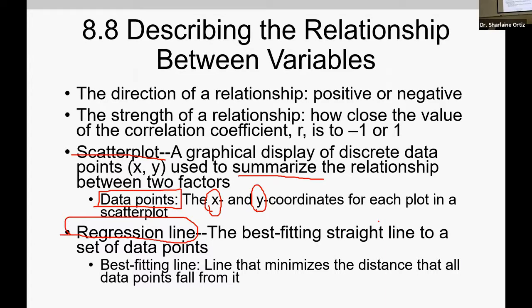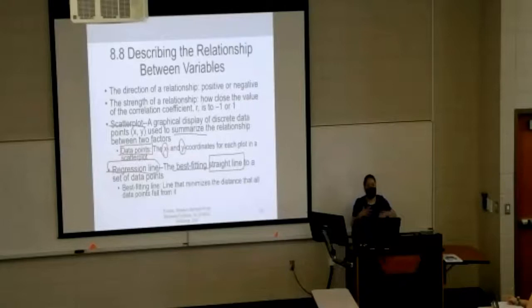And remember, just for linear relationships, so it's going to be straight. It is that best fitting line that allows me to provide a prediction of where those data points are going to fall. Any questions about the regression line? Okay. Good deal.